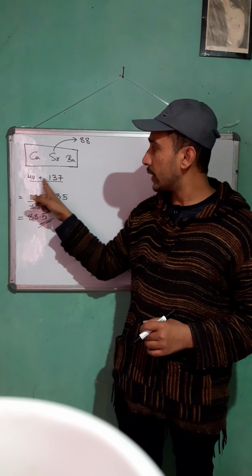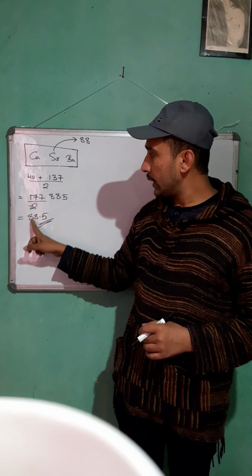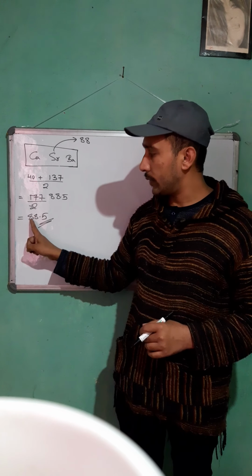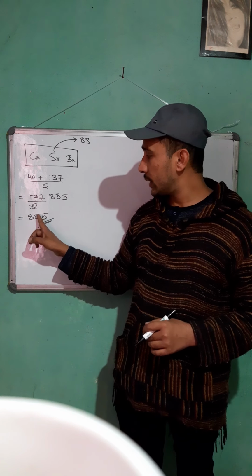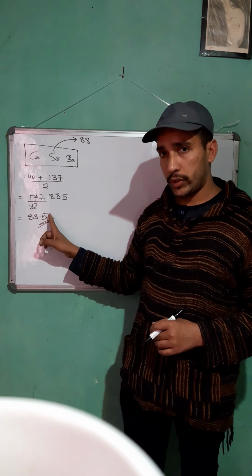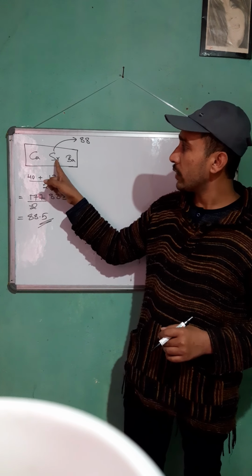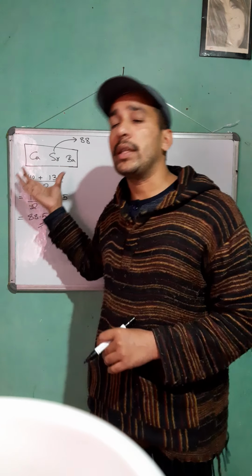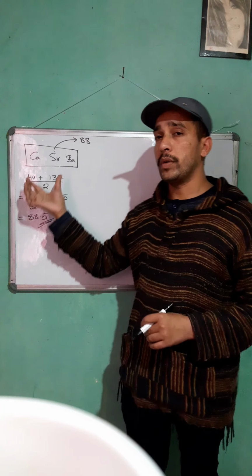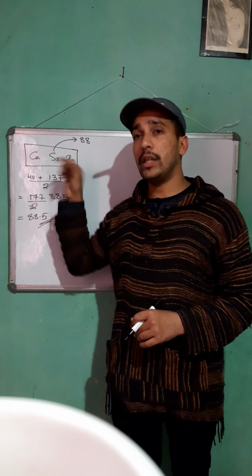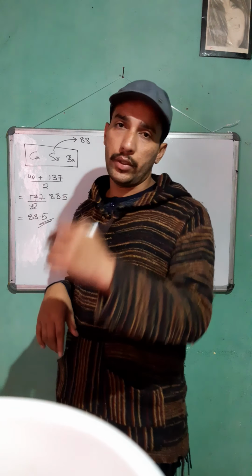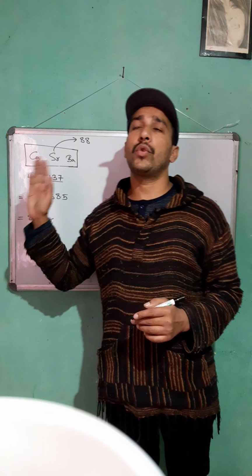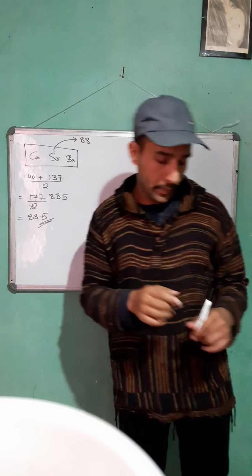The average mass of calcium and barium, you do the calculation and find it 88.5, and this 88.5 is approximately equal to the atomic mass of strontium, that is 88. So this is an example of Dobereiner's triad. Otherwise you can give the example that I gave you in the previous class, that of fluorine, chlorine, and bromine.